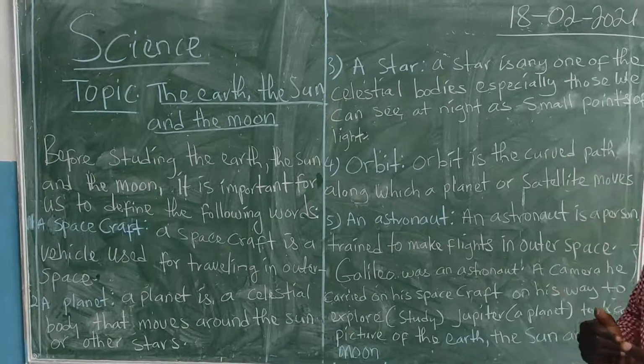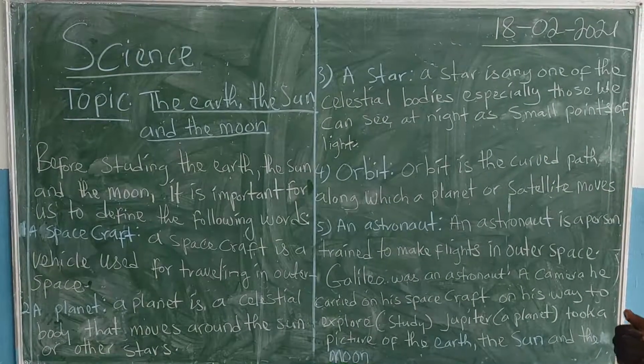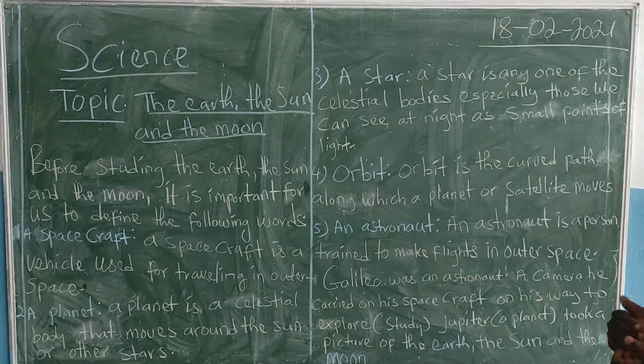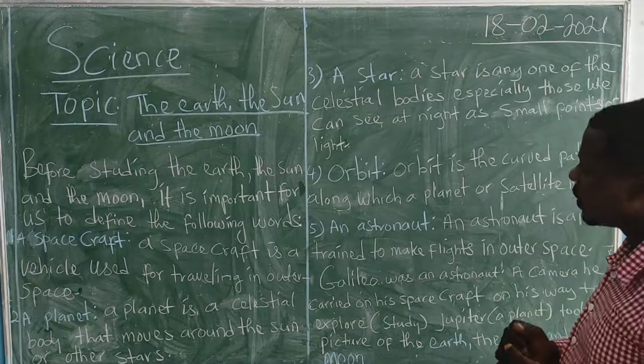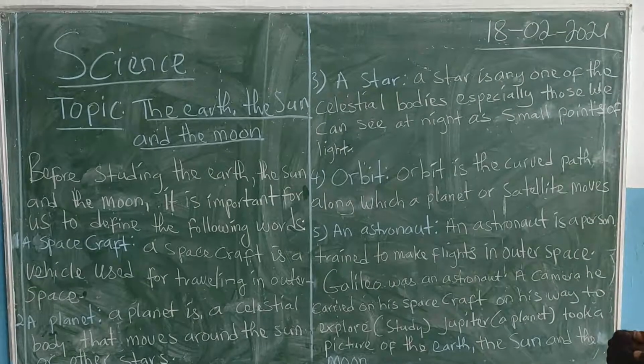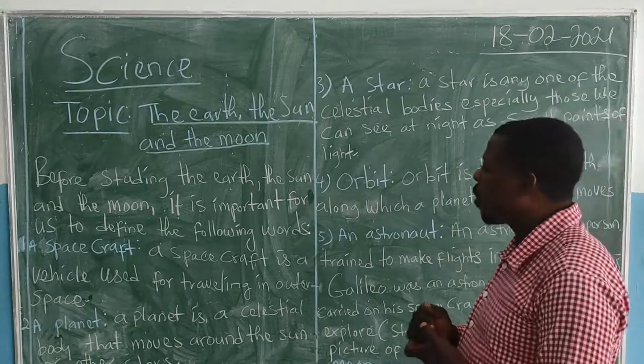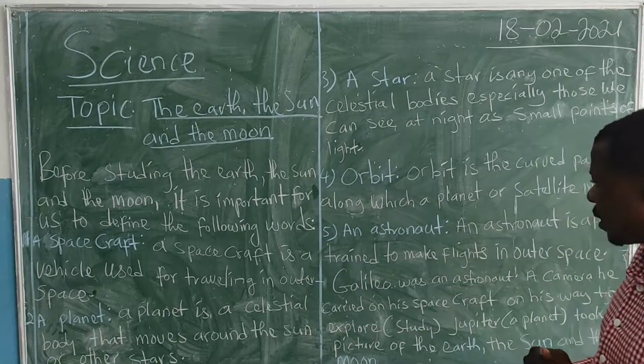Today, we are going to look at a new topic in science, which is the earth, the sun, and the moon. Before we look at it, it is important for us to understand the meaning of certain words that we come across in this topic.